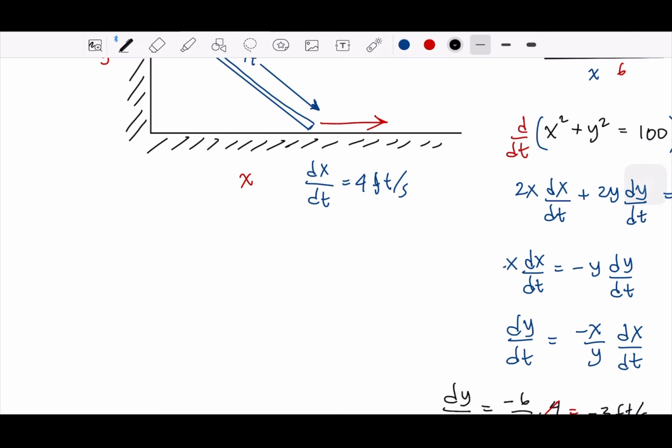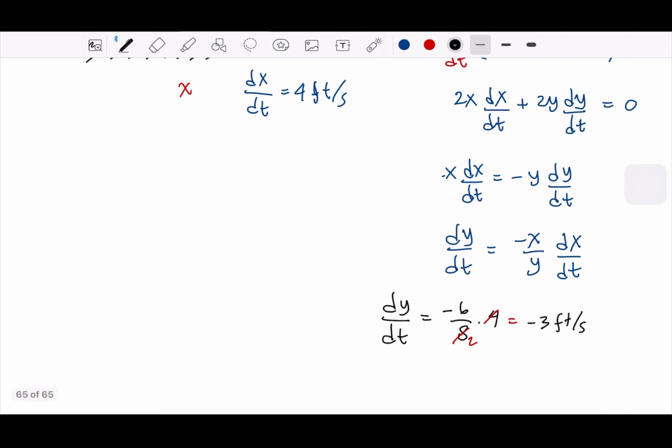But I think from what we have here, it's easy to say that when it is going here, this is the opposite side of this, right? So it's perfectly okay. So we say that this negative means that the ladder is getting dropped, and the vertical distance is getting smaller.